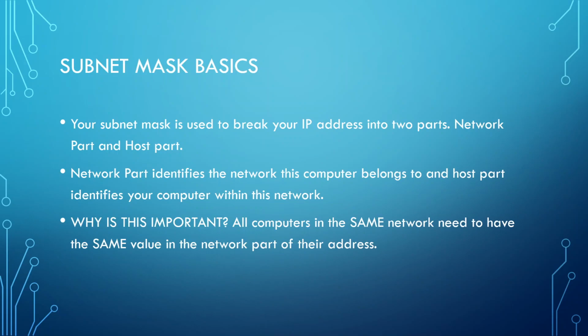So that's going to be the network part. The network part identifies, okay, this computer belongs to this network. Similar as if you join the green group, you're going to have to wear a green t-shirt. However, the host part is used to identify the computer within this network. So in a similar fashion, even though you've joined this green group, you're still going to have something unique about you to identify yourself within this group.